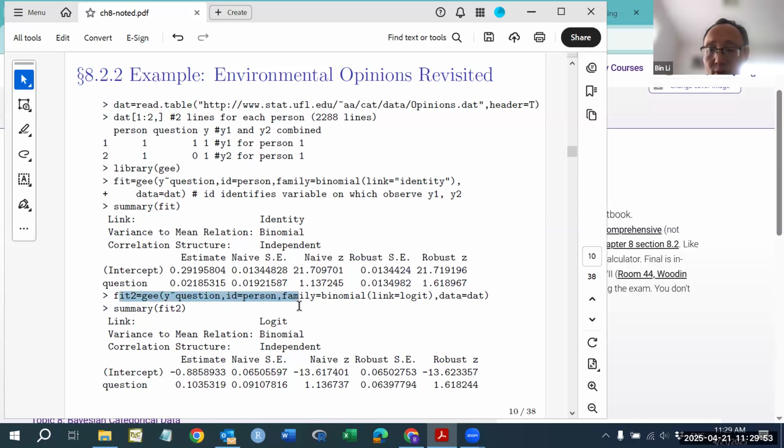And fit 2 is using a different link. That's the logit link. Okay, so you can see here, the results are different and you should interpret them in different ways.